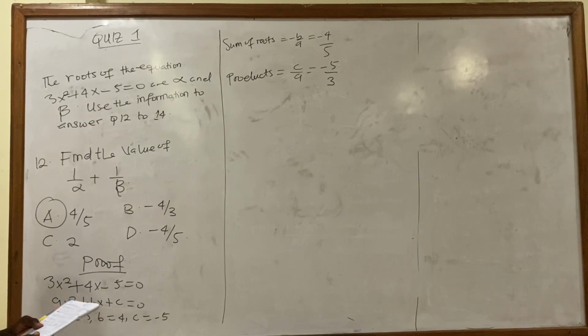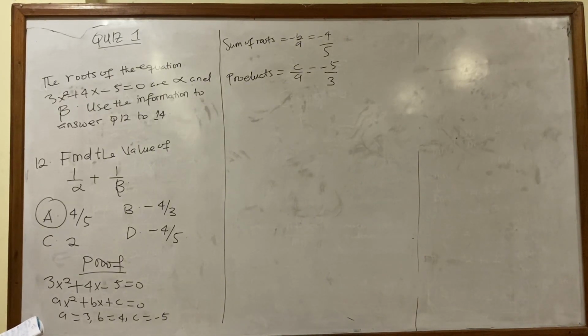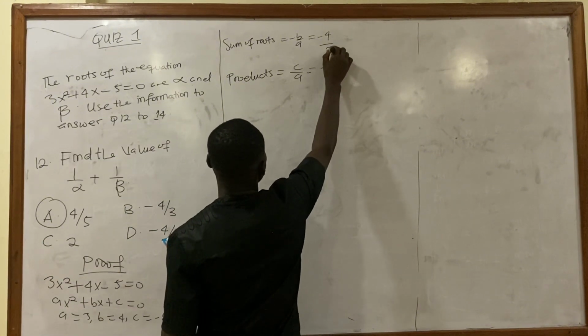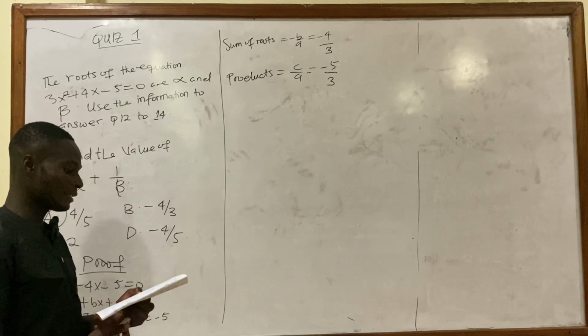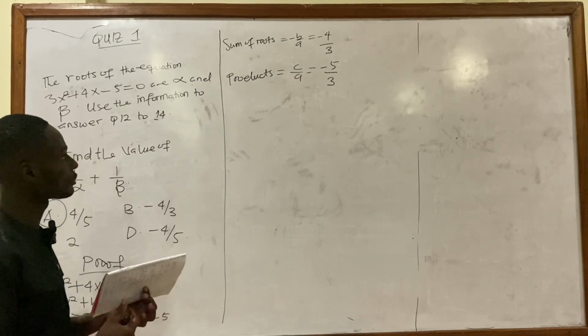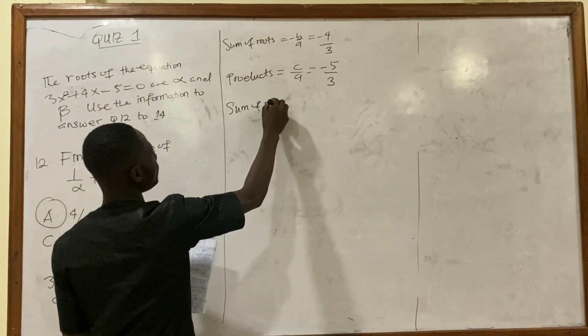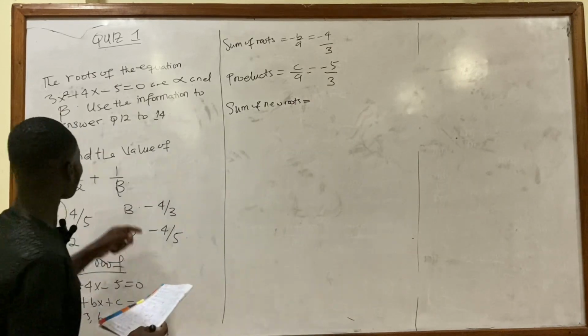All right, so that's it. And then we can find the new sum of roots. The new sum of roots would now be equal to what we were given.